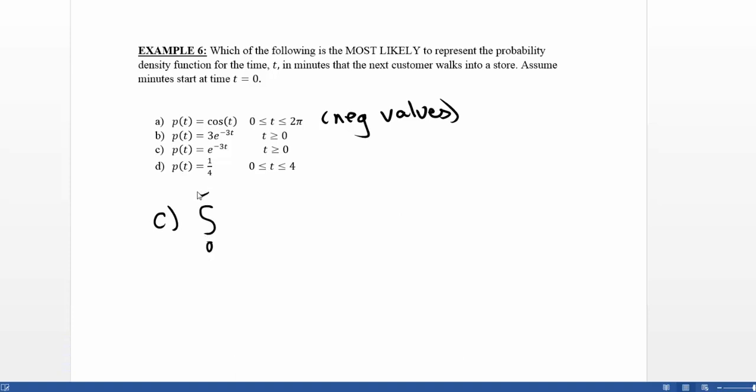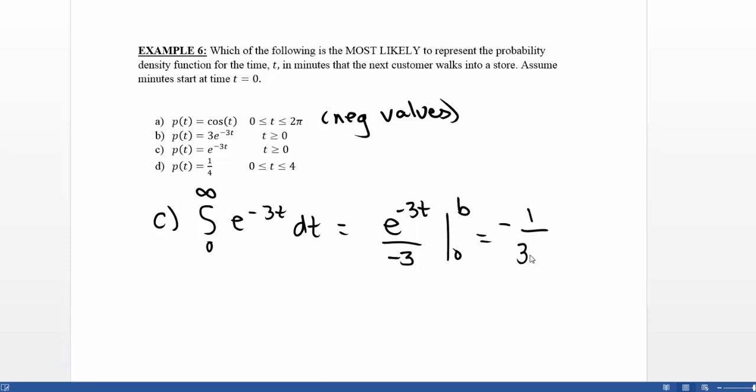When you integrate that from 0 to infinity, because t is greater than 0, e to the negative 3t dt, what happens is you get e to the negative 3t divided by negative 3 from 0 to b. Remember, when we do improper integrals, we're going to use a b. So when we plug in the upper bound, we're going to get negative 1 over 3e to the 3b.